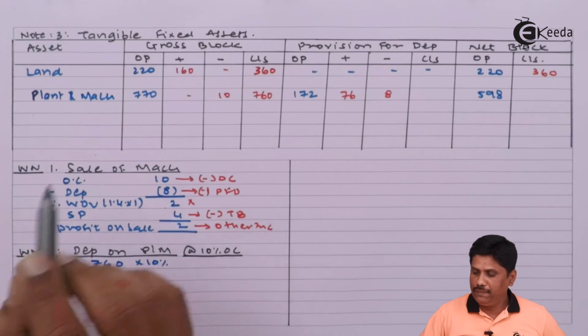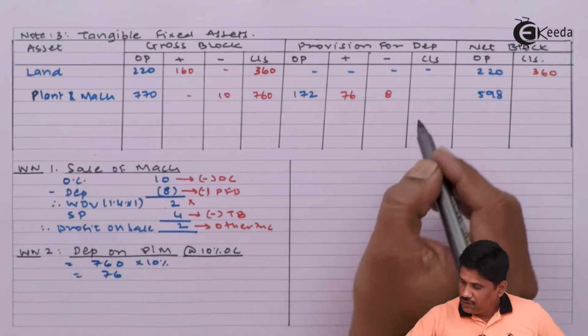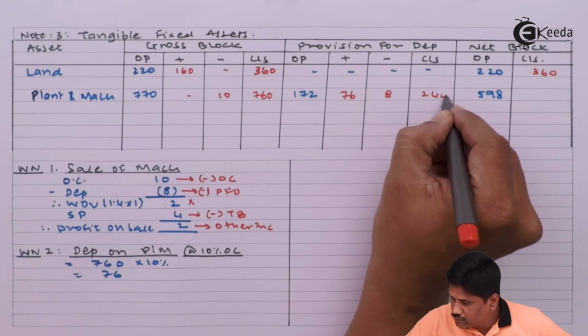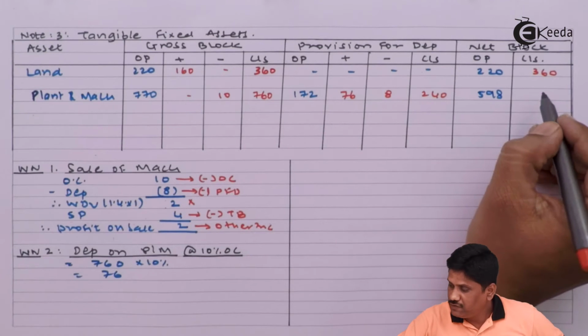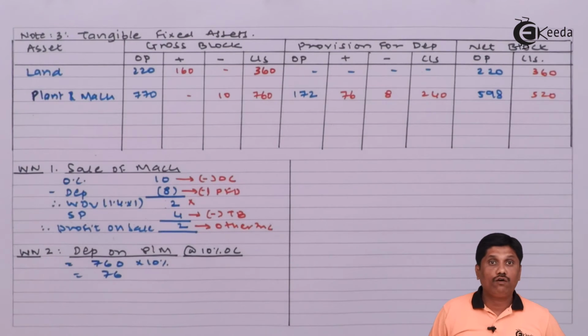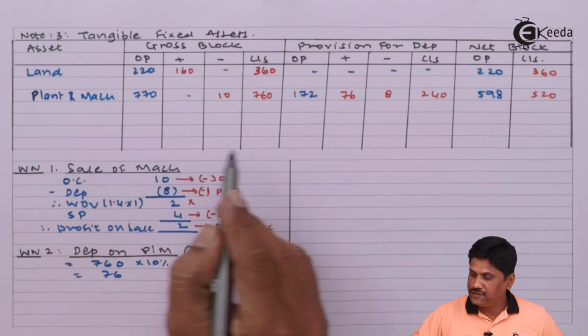Now I need to close my plant and machinery line. It is 240. My closing net block will be 760 minus 240. It is 520. Now I need to close my fixed asset note.